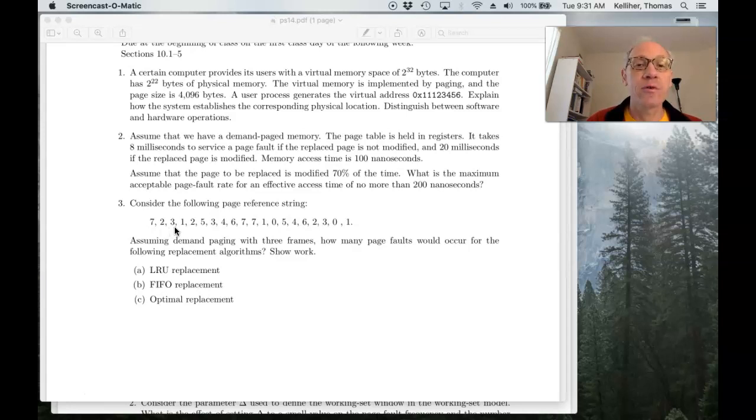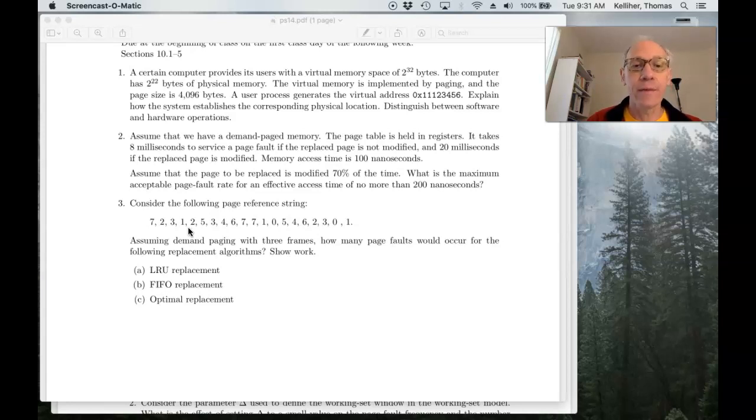Now the frames are full. 1 results in a page fault, and we have to select the victim page. Let's say that 7 is selected as the victim page. So 1 replaces 7. And then with 2, since 2 is still in a frame, there's no page fault.